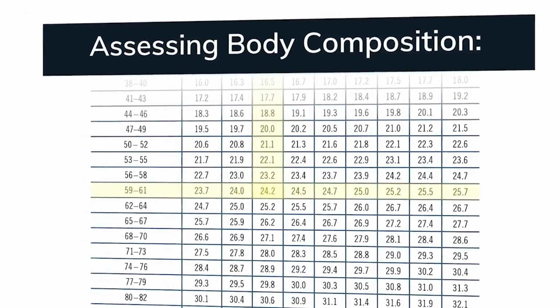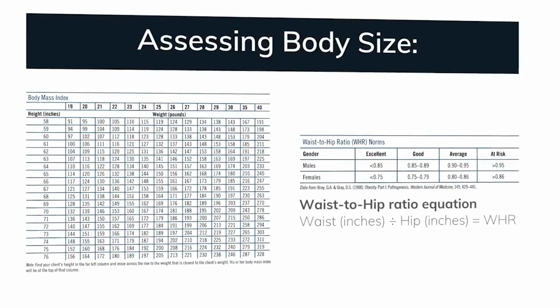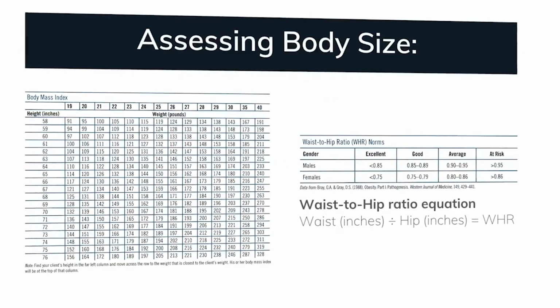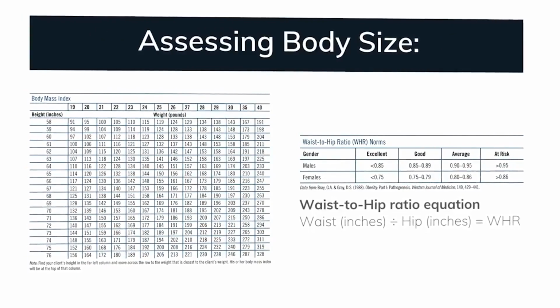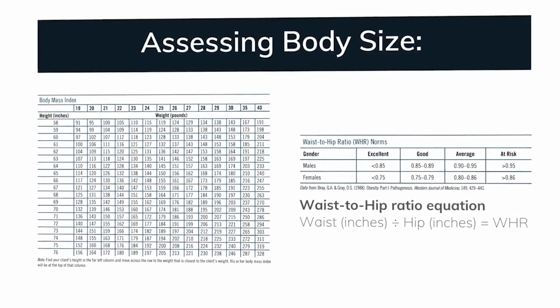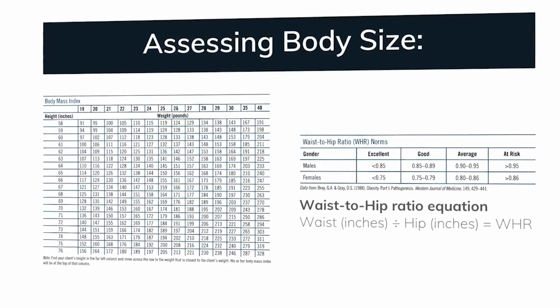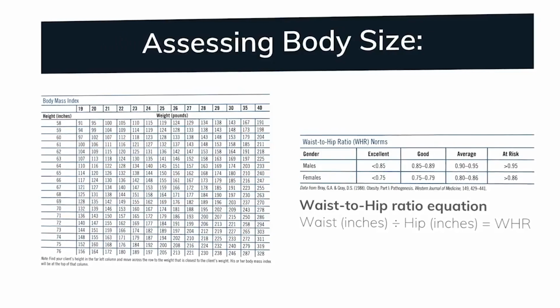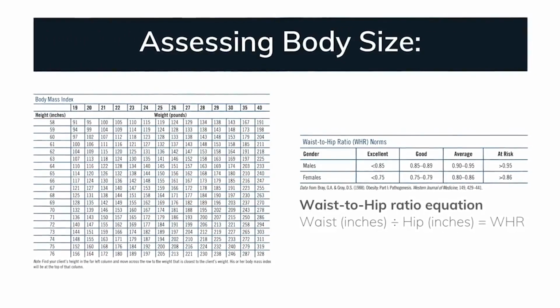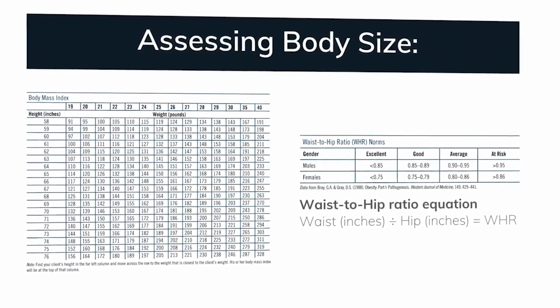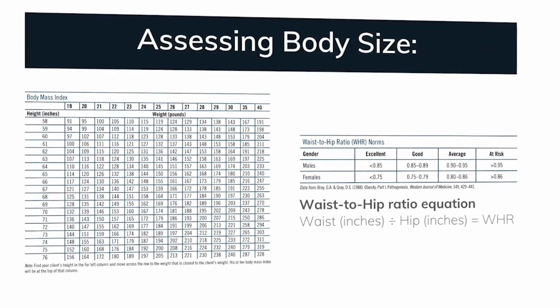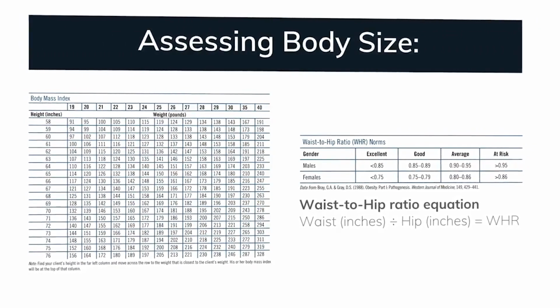The 2 most common ways of assessing body size are through the body mass index chart and the waist to hip ratio measurements. Both are easy to administer and little equipment is necessary. The waist to hip ratio determines the distribution of fat on the body. We will now demonstrate how to do the waist to hip measurements.